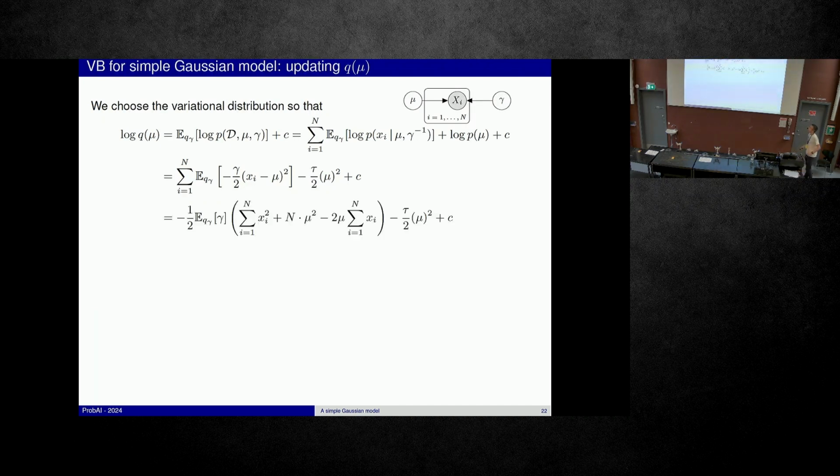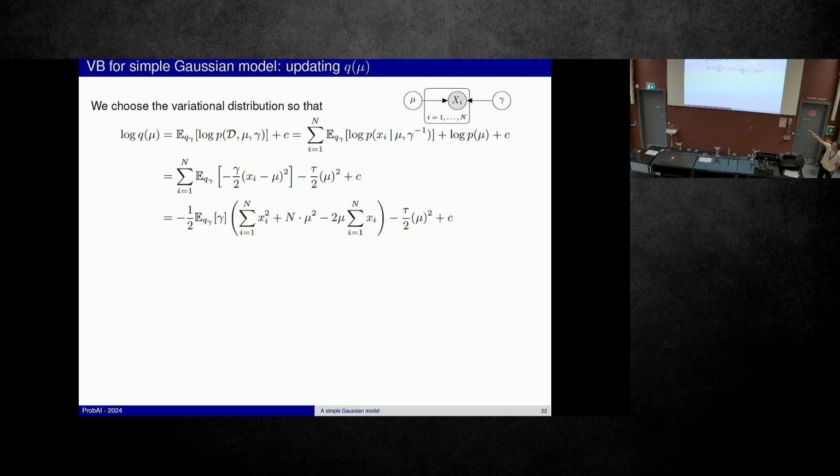Next, we expand the square: x_i minus mu squared gives us x_i squared, a mu squared, and then minus 2 mu x_i. We also have gamma divided by 2 here, so a half and gamma out here, where we are taking the expectation.